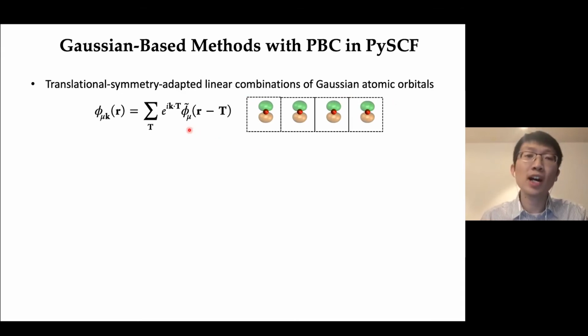That means given any Gaussian orbital in real space, one could always apply some translation vector and then form a Bloch wave, just like this plot. And such Bloch waves are our computational basis for any method in PySCF.